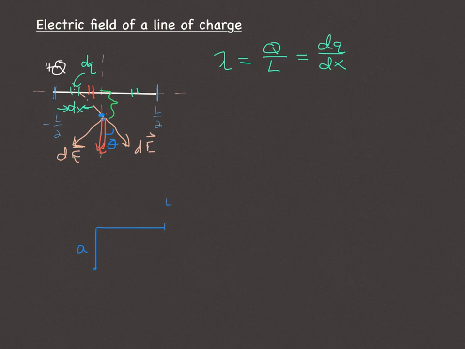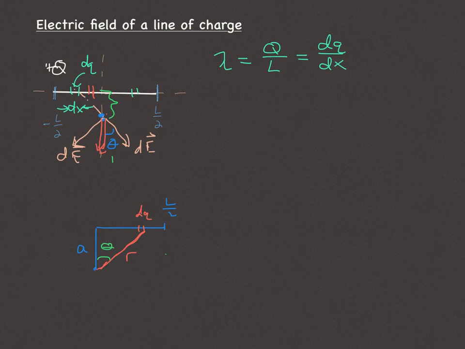At this point, that's where L over 2 is. And we take any little packet of charge here, dq, and that would be the radial distance from that dq to the point that is a distance A away. The angle we picked up here will go here within that triangle. This is going to be important when we try to solve our integral here.